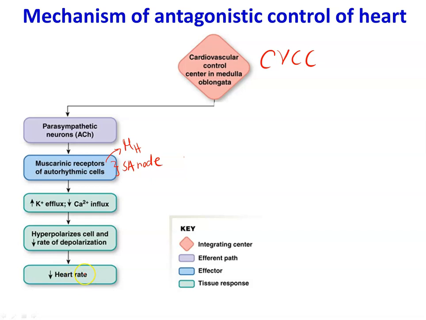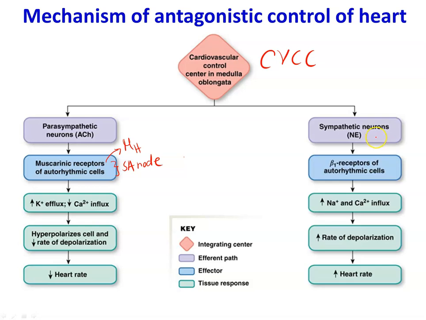Now, to increase the heart rate, of course, we're going to now turn on sympathetic neurons. And in doing so, you folks know that I'm going to start to release, for my second neuron, adrenaline compounds. Okay, so norepinephrine or epinephrine. And they're going to bind to the beta-1 receptors on the autorhythmic cells in the SA node.